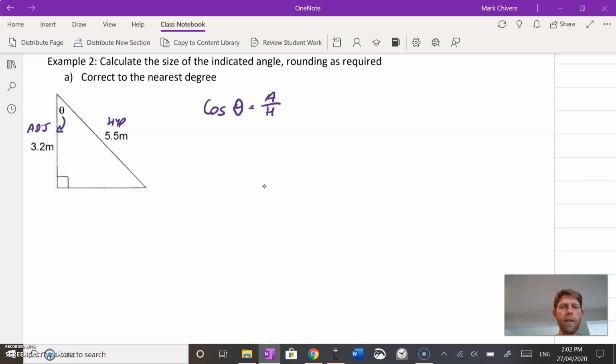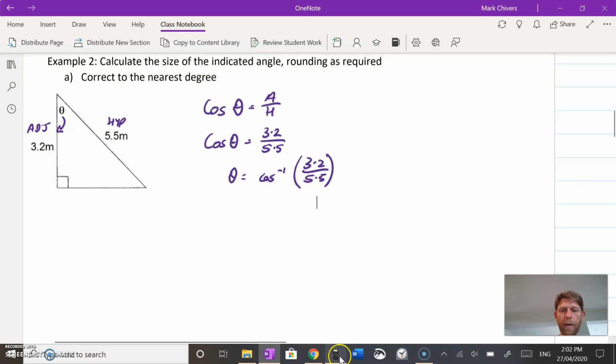If we just write it out in this form every time, you just fill in the blanks with what you know and leave everything you don't know. So I don't know what the angle is, so I'm going to leave that as cos theta, but I know the adjacent is 3.2, and I know the hypotenuse is 5.5. So therefore theta must equal cos to the -1 of 3.2 over 5.5.